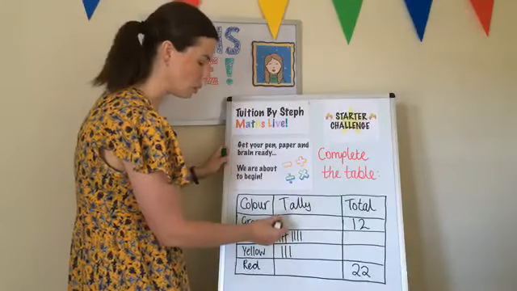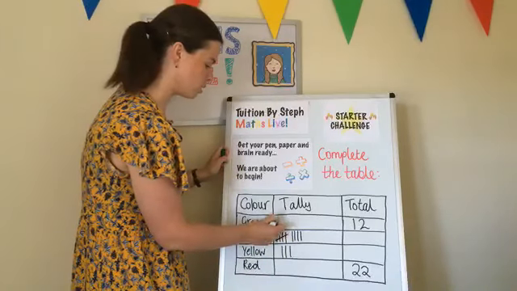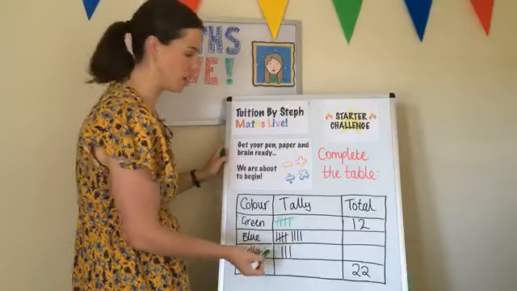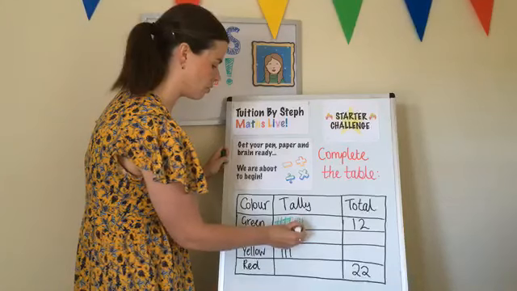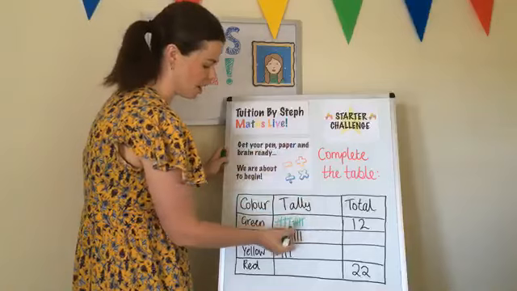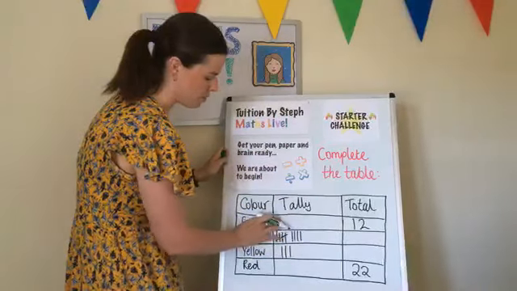Now, as you know, hopefully, the tally should go in groups of 5. So we do 4 down, that's 1, 2, 3, 4, and then 1 across, and that's a group of 5. And we need 12. So we've got 5, 1, 2, 3, 4, 5. Make sure you keep them straight. So that's not a very good example there. You need to keep them very, very similar.